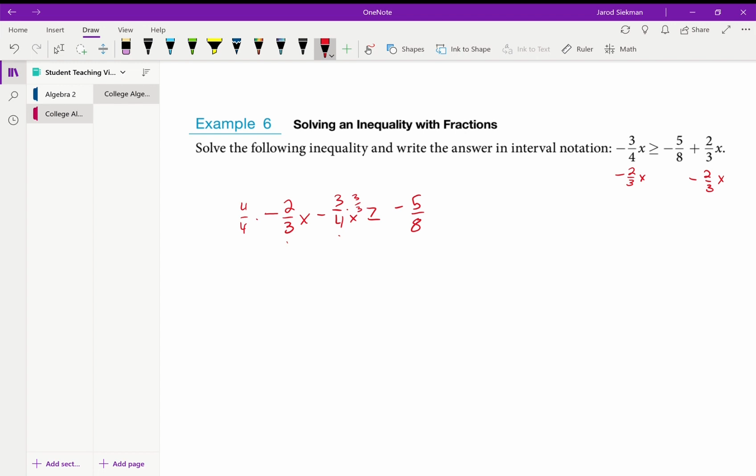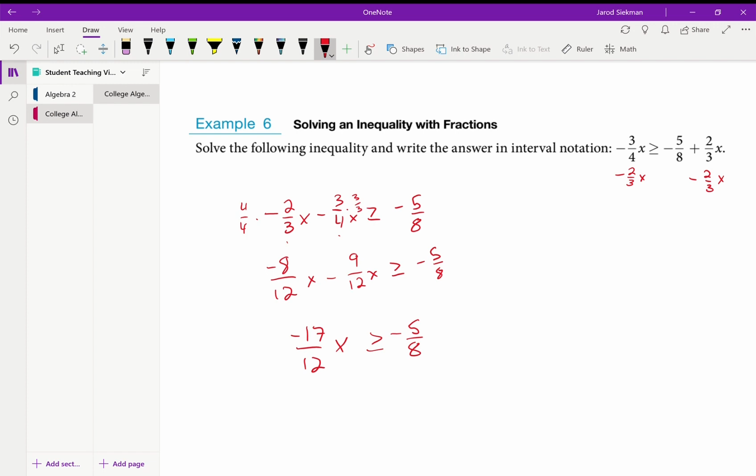And that gets us negative 8 over 12x minus 9 over 12x is greater than or equal to negative 5/8. Now we want to simplify. So negative 8 minus 9, that would be, let's see, negative 17 over 12x is greater than or equal to negative 5 over 8.